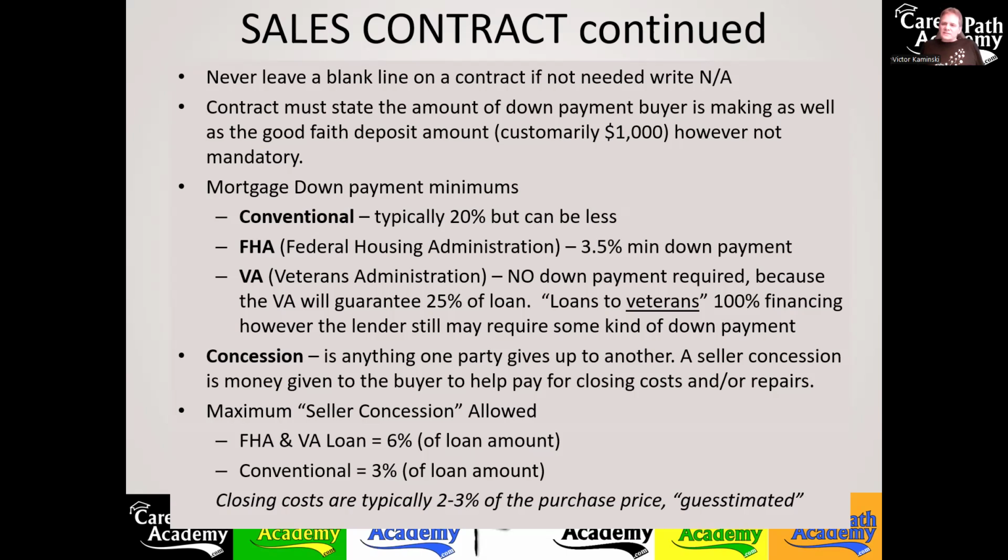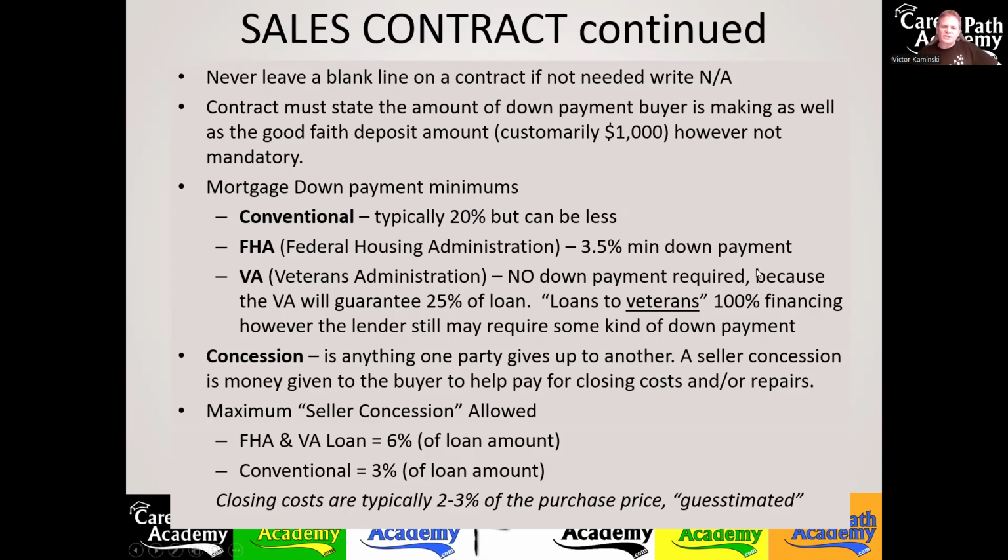So in real estate, a seller is conceding to a buyer money that they could use for the closing cost or repairs, perhaps. Now, depending on the type of loan they're getting, there are limits on how much money the seller can concede to a buyer.